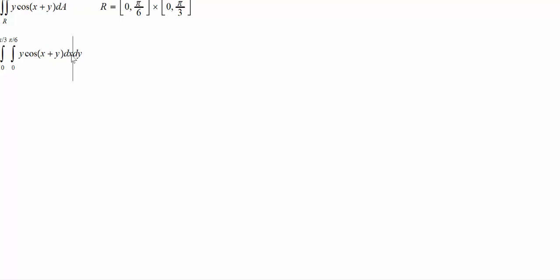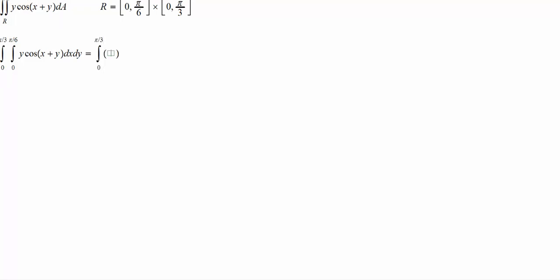First we integrate by the procedure of iterated integrals, treating y as a constant. If y is a constant, then the antiderivative of cosine of x plus y will be what? Simply sine of x plus y, right? So we have this integral right here.